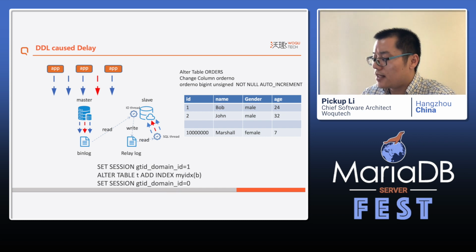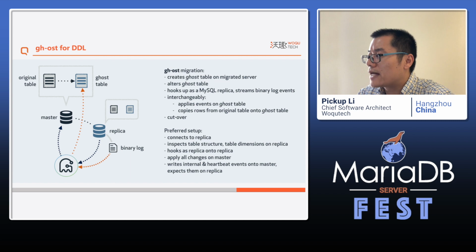It creates a ghost table like your original table, and alters the ghost table as you desire. It incrementally copies data from the original table to the ghost table. Any insert, delete, or update applied to the original table will also be applied to the ghost table.